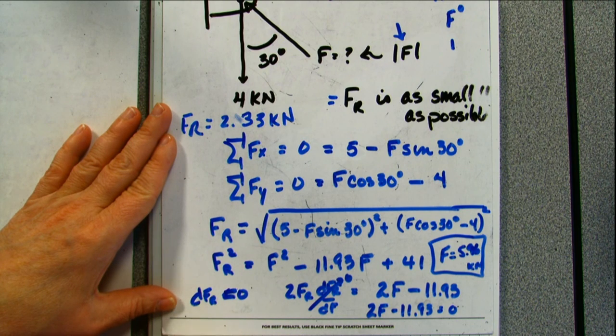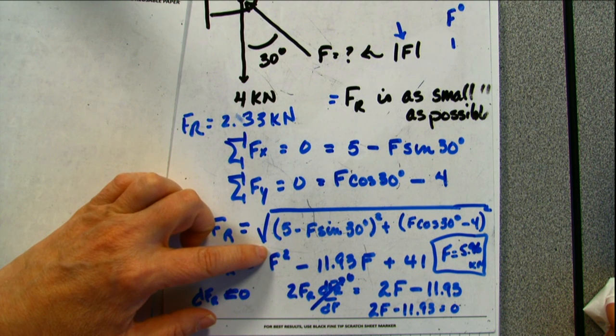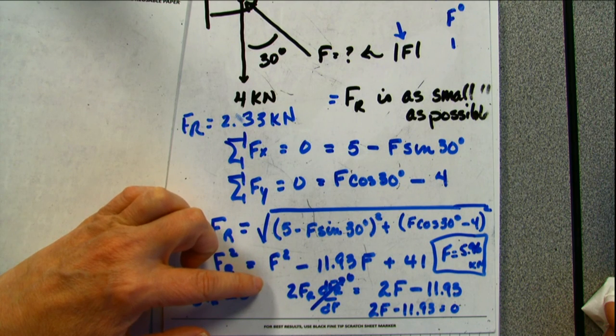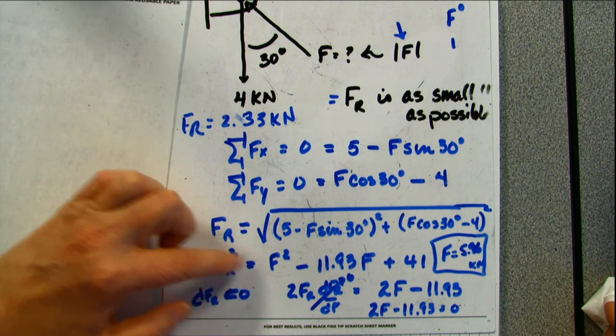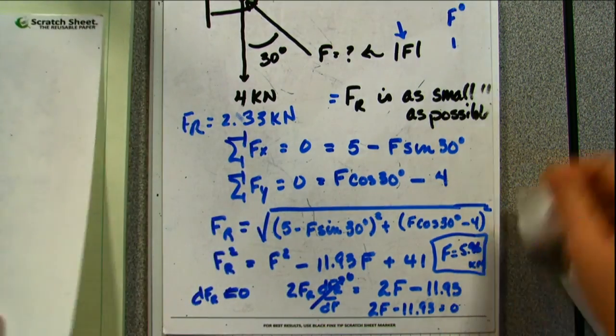For the FR, the algebra, did you just FOIL that after you squared? After you squared the square root and you solved it algebraically, where it says FR equals the square root of 5 minus f sine 30 degrees, squared. Whenever you solve for it, do you FOIL that? Well, you're asking if you FOIL it.